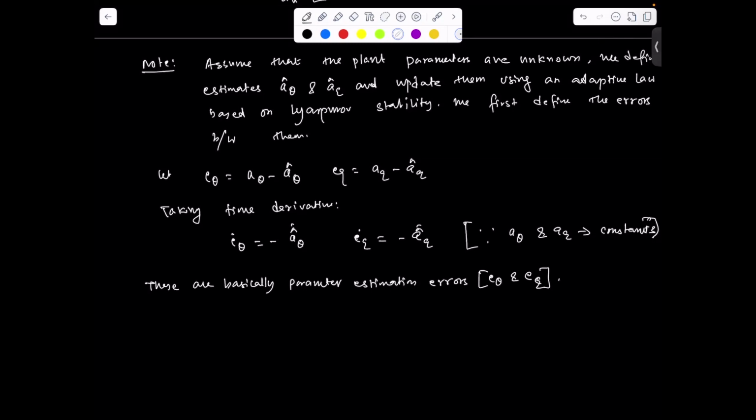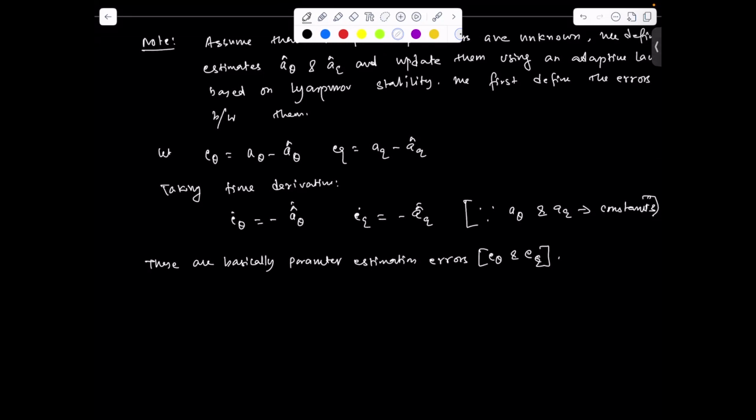Okay. So now we'll modify the Lyapunov function and try to analyze these parameter estimation errors.